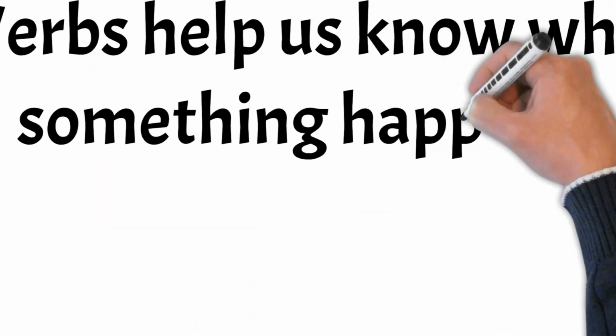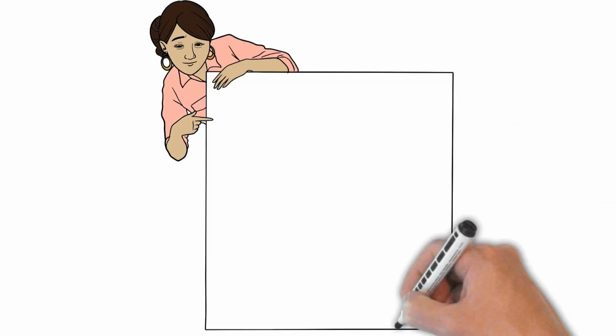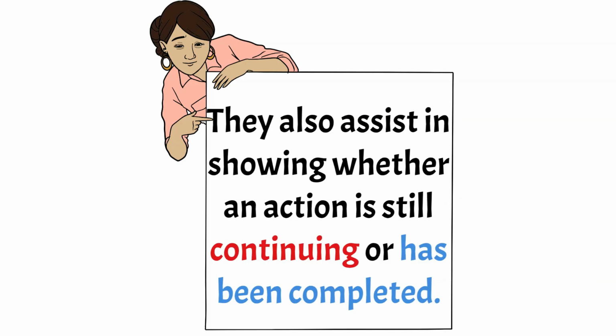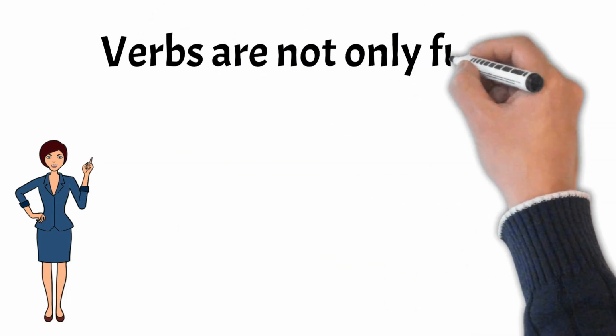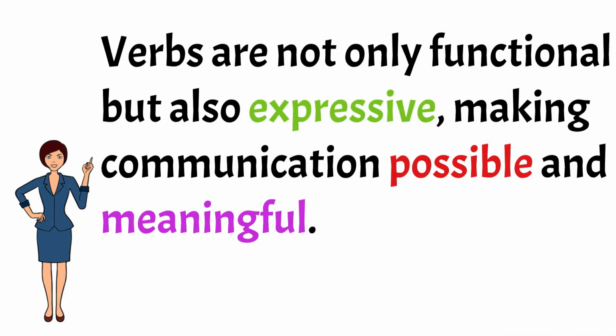For instance, verbs help us know when something happens, whether it is in the past, present, or future. They also assist in showing whether an action is still continuing or has been completed. Clearly, verbs are not only functional but also expressive, making communication possible and meaningful.